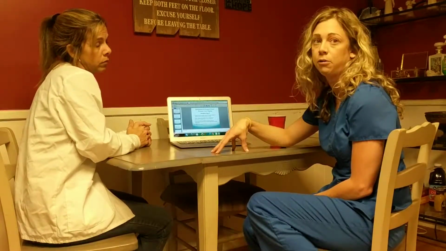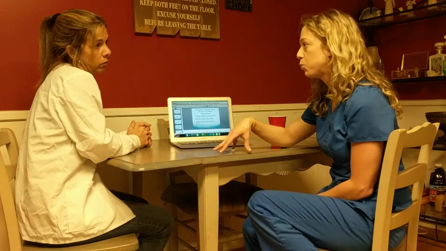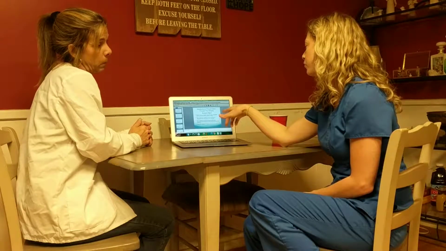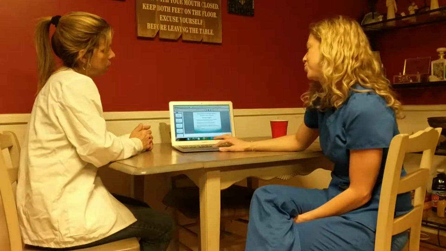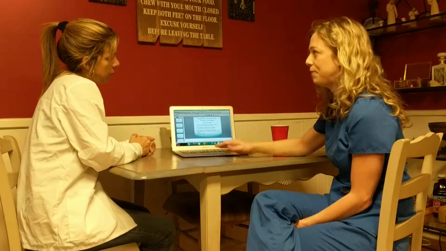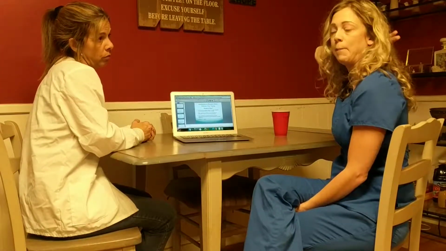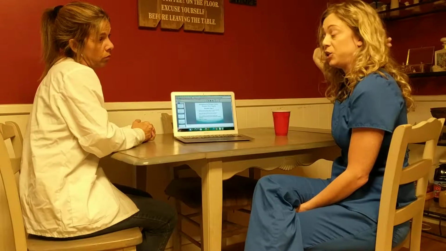So the Braden scale is to assess risk factors, like if they're at risk for developing a pressure ulcer. The staging scale 1 to 4 is if one has already developed. Okay, and unstageable ulcers are ones that are covered by eschar or slough. I just don't know what might be under there, so they're unstageable.